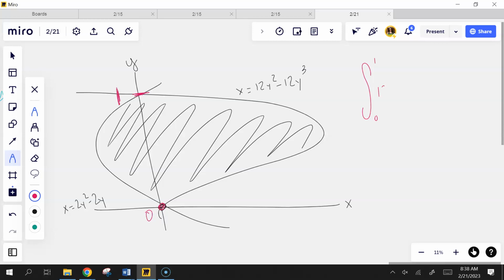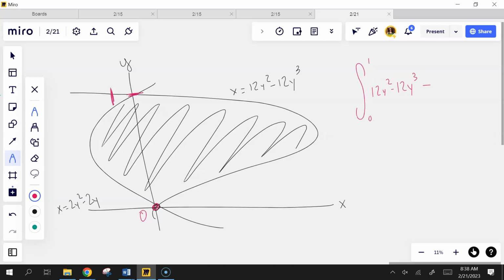That's exactly right. So 12y squared minus 12y cubed, minus the left one, 2y squared. I'm just going to clean it up just a little bit. Negative 12y cubed plus 10y squared plus 2y.